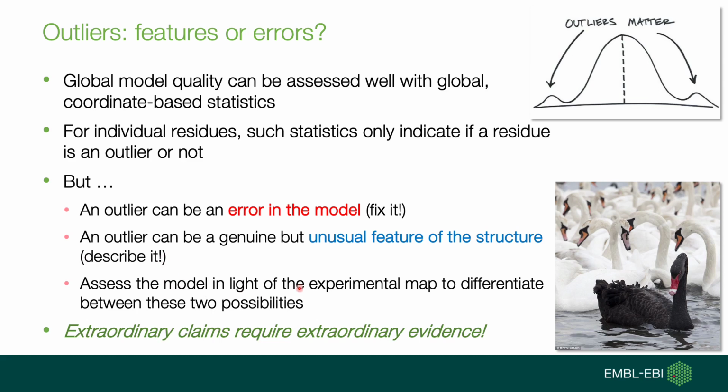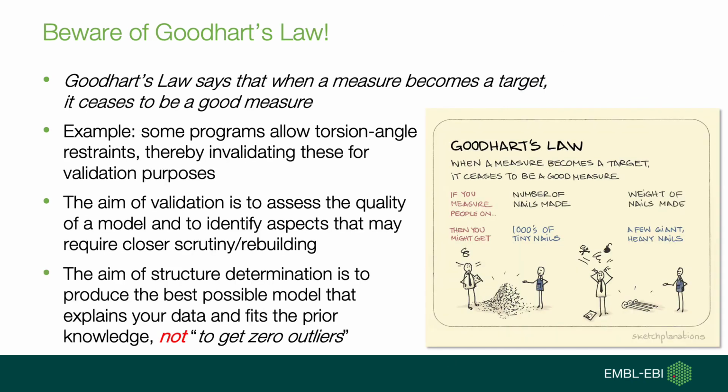And the way to tell the difference is to look at the experimental data that you have, and hopefully you can tell the difference. And it's always good to keep in mind that extraordinary claims require extraordinary evidence. So if you find in your model an example of chemistry that has never been seen before, you better have the experimental data to back that up.